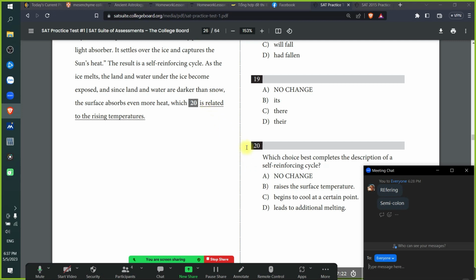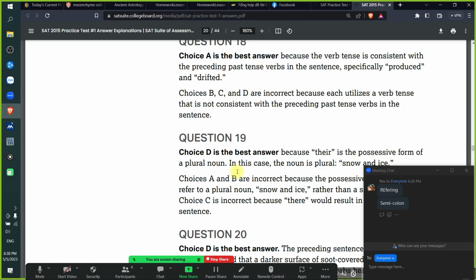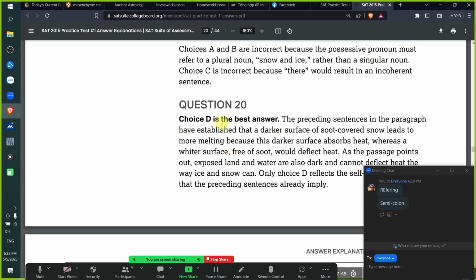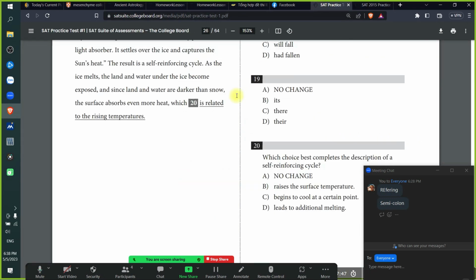So what is the answer? D. Say again. D. Leads to additional melting, isn't it? 20 is actually D. Very good. Why?